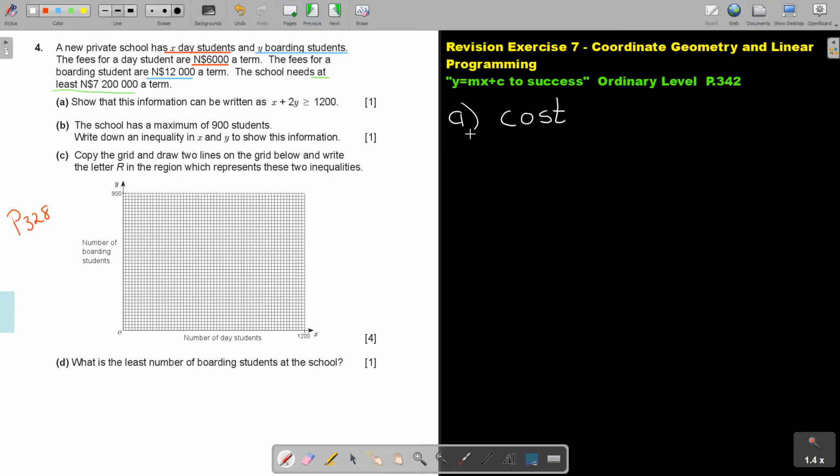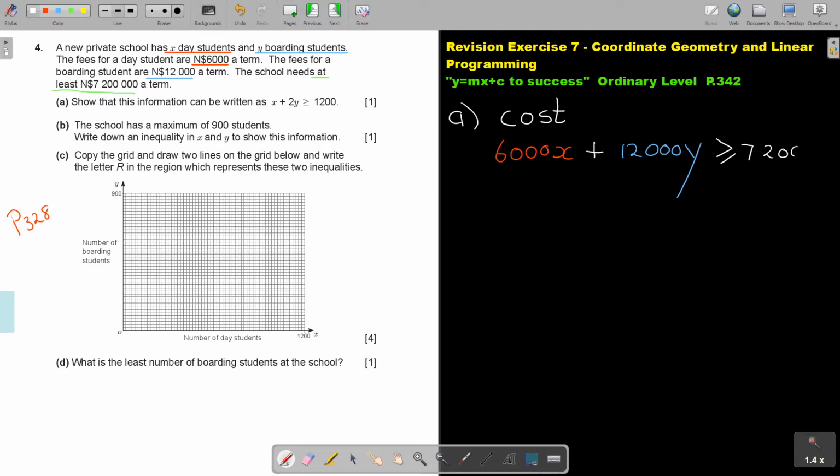So I say X, so it's now going to be 6,000 and I don't know how many students, plus, and Y will be 12,000 Y, and then if they say the school needs at least, so it's all about the money, so at least, so it must be bigger or equal.